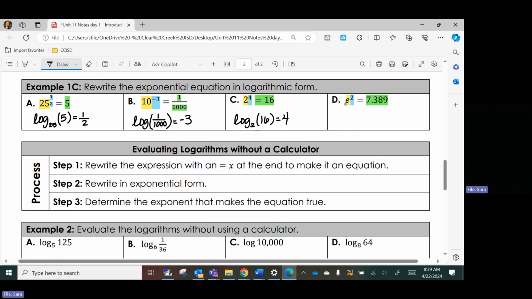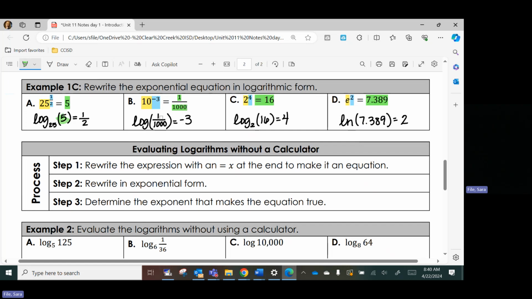Now this is a base E. Base E means it's a natural log and I don't have to write a base. I just write ln. It's a natural log because that base E of 7.389 is 2. Go do my highlighting here.